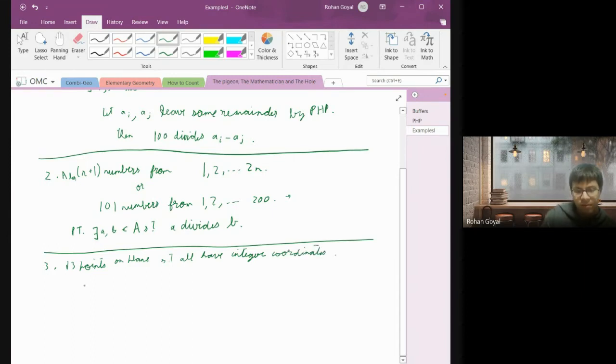There are 4 of them with centroid also having integer coordinates. By centroid, I just mean the average of the coordinates: just add the coordinates and divide by 4. Integer coordinates.